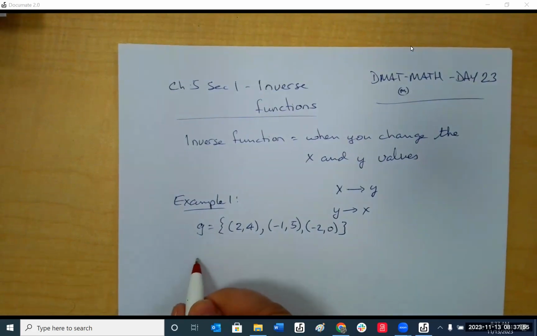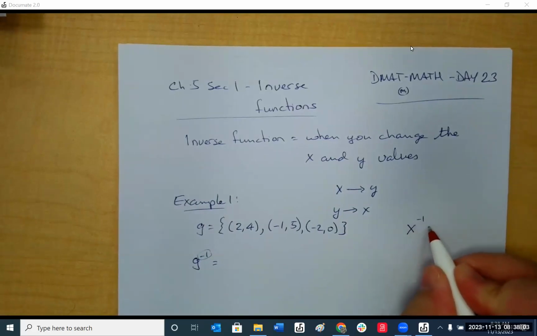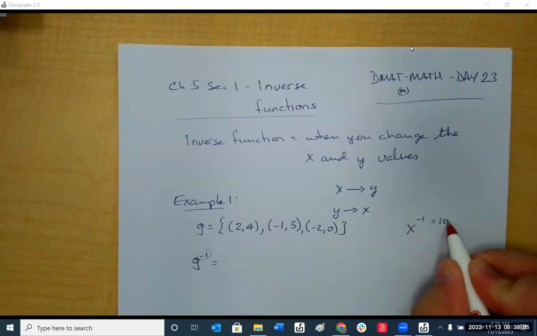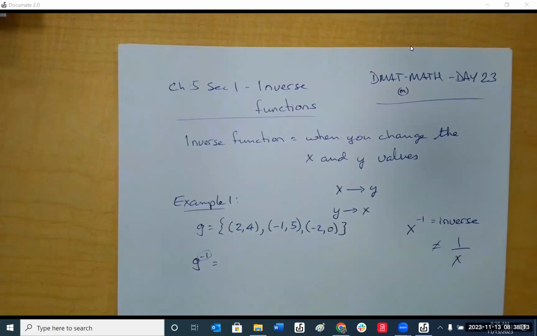The symbol we use, that symbol there means inverse. It does not mean 1 over x in exponential rules. So all this means here is this.